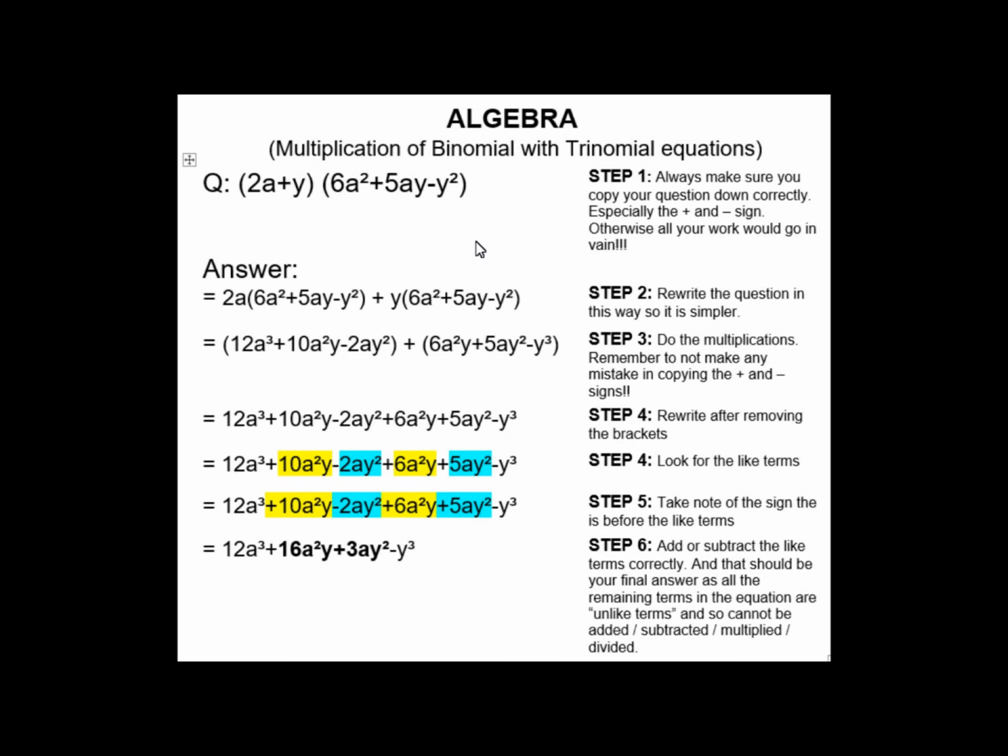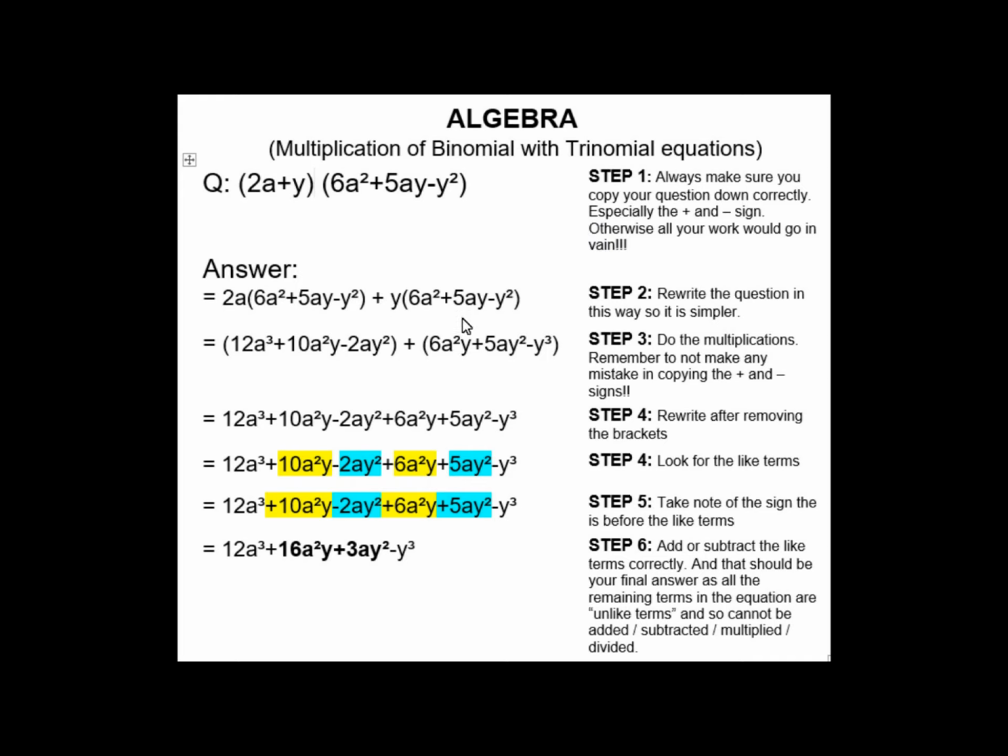So the first step is always to make sure you copy your question down correctly, especially the plus and minus, or for example multiplication and division signs, because if you don't do that right, then all your work will go in vain.